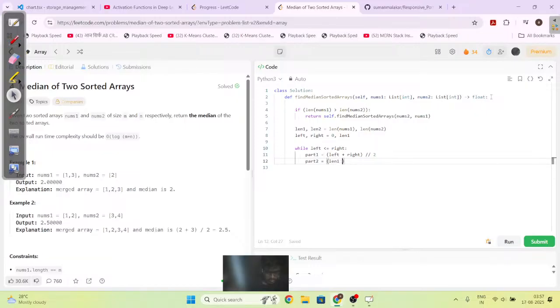Len 1 we have already, right. Len 2 plus 1, divided by 2 minus partition 1, then max left 1 is equal to float, nums 1. Right, one second guys, I copy this code.